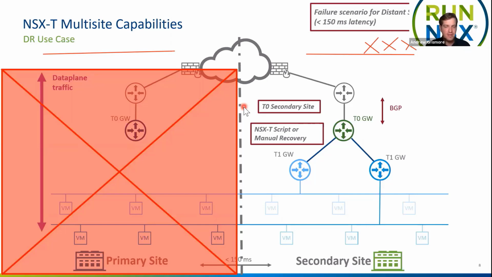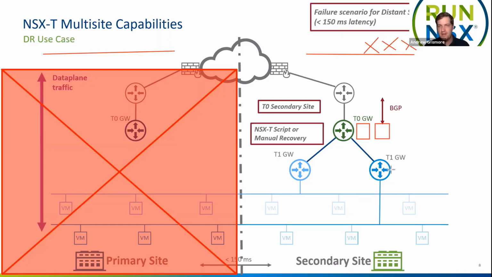And that active passive type of failover that we had, which took advantage of the NSX high availability at the edge level and the vSphere HA at the VM level, is not going to be the same here, because we actually have an individual tier 0 on the left and an individual tier 0 on the right. And there's no mechanism for active passive between two separate tier 0s.